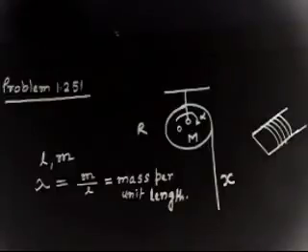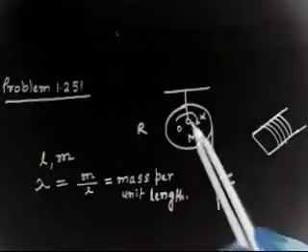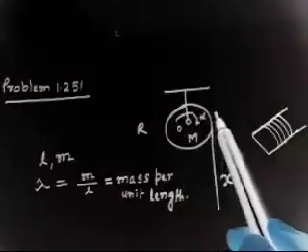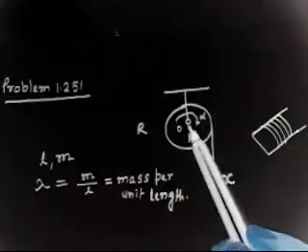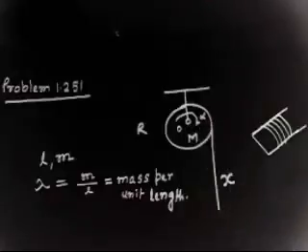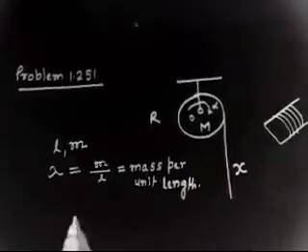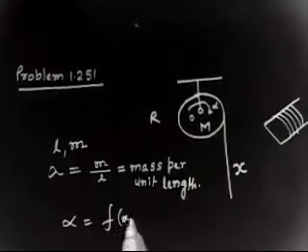The bound part of the cord is supposed to have its center of gravity on the cylinder axis, at the geometrical center of the cylinder. X part is hanging, and we have to find alpha as a function of x.